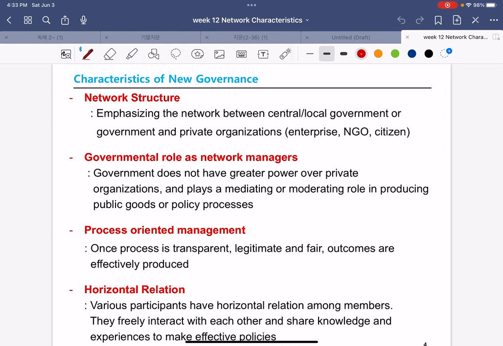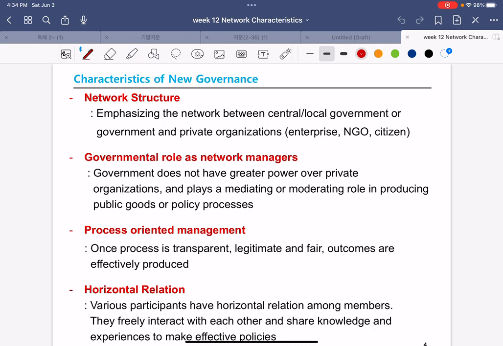So government plays a role as a network manager, right? But the power of government is not absolute. It is just one of the actors, but the government coordinates different actors to provide public services.